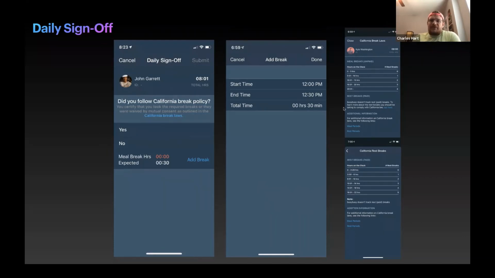One other thing that I've seen with software solving this problem, which is maybe different from paper or some of the other software solutions, is that our data capture for this data is like 100% because it's a requirement. So to clock out, you have to provide your daily sign off. And with paper, sometimes you'd have the hours, but you wouldn't have the break sign off, or you'd have some of the documentation, but not the other documentation.